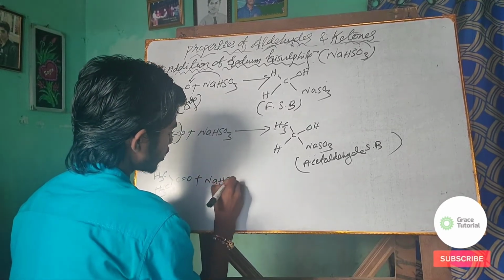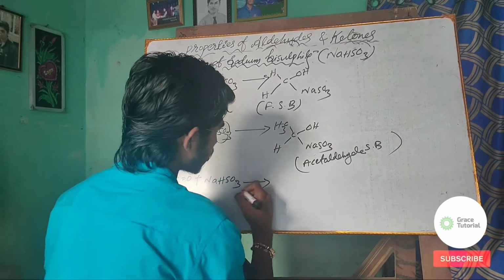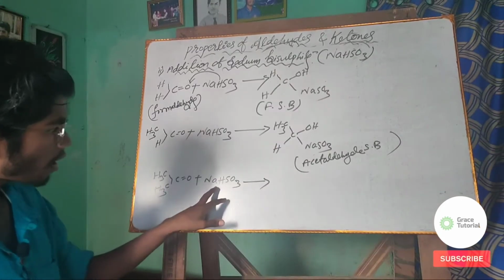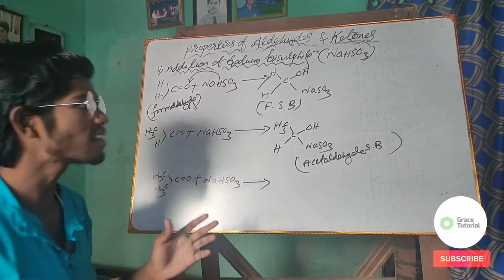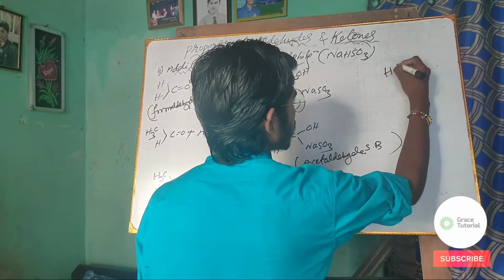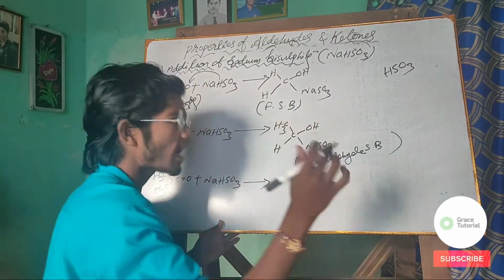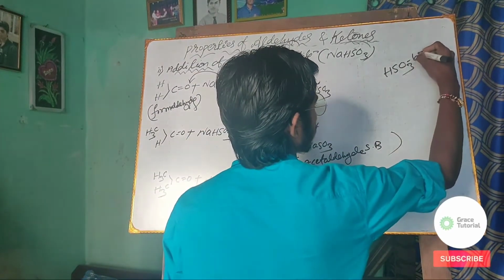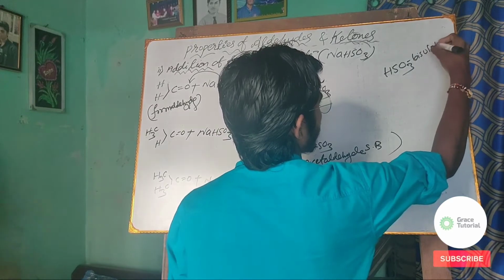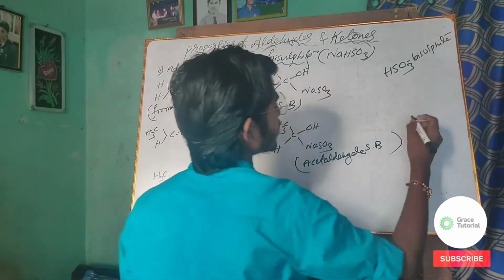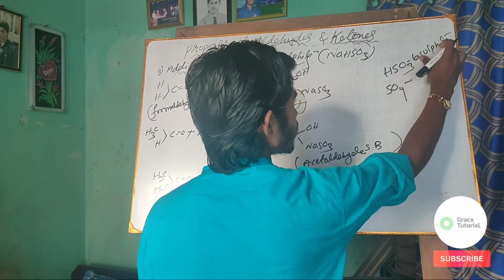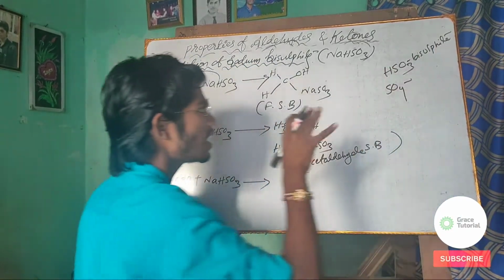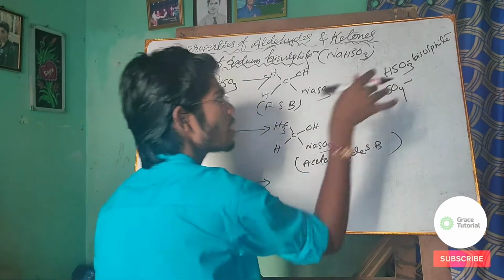Similarly, if I take acetone and react with NaHSO3, sodium bisulfite, you remember, HSO3 means bisulfite. SO3 means actually sulfite, so with H it means hydrogen sulfite, or we can say bisulfite.